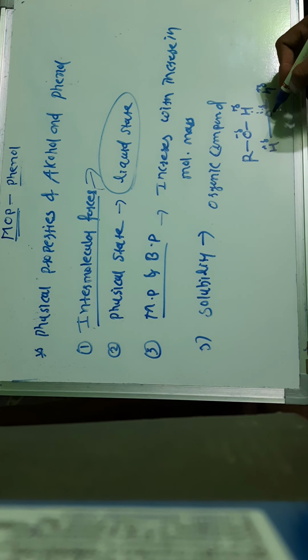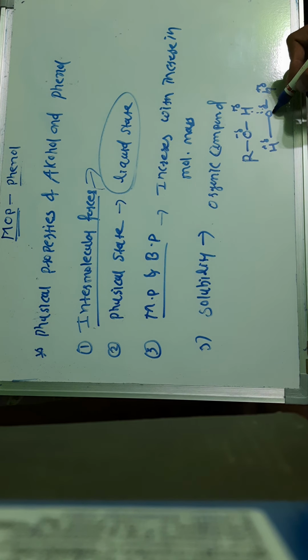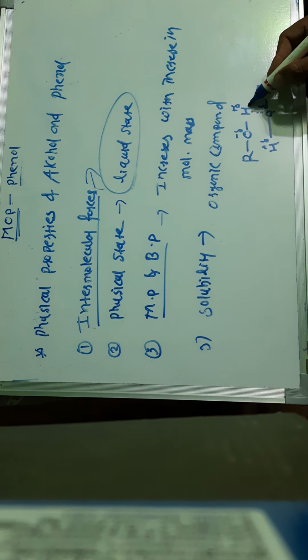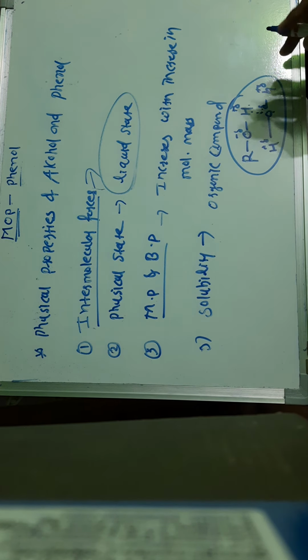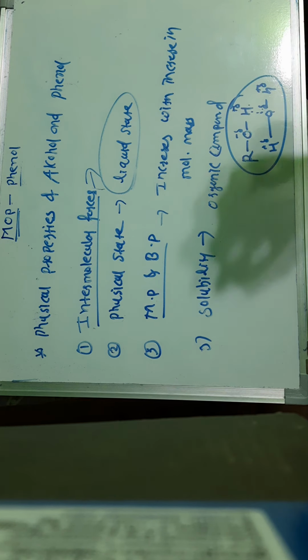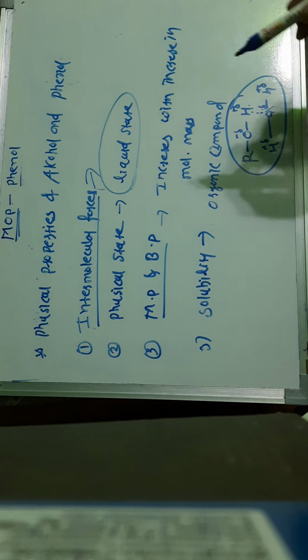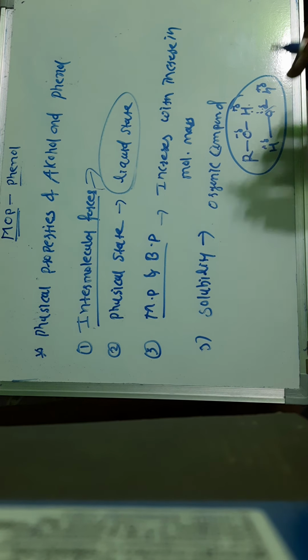There is hydrogen bonding between the oxygen of water and the hydrogen of alcohol. The lower alcohols can be soluble or miscible in water. Why? Just because of the hydrogen bonding, they can form hydrogen bonding with the water molecules. They can be soluble in water.